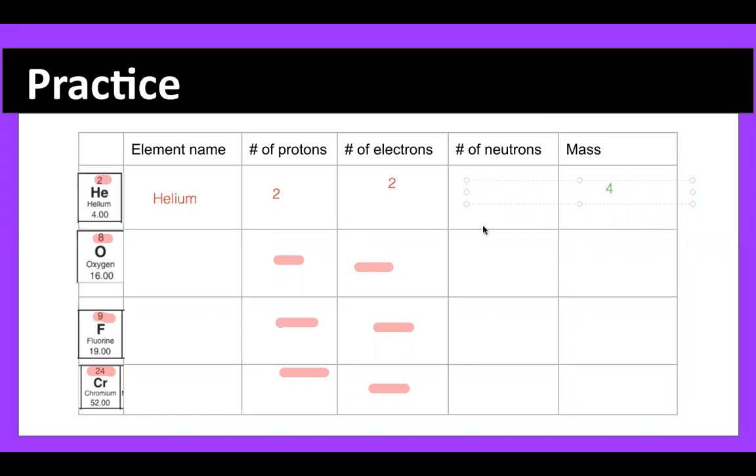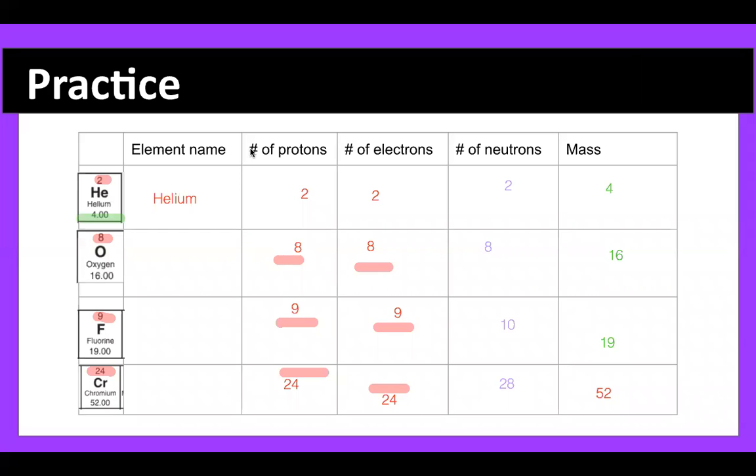So we know that this is going to be 2. Again, the masses are down here. So this is what you would get if you have done the math.